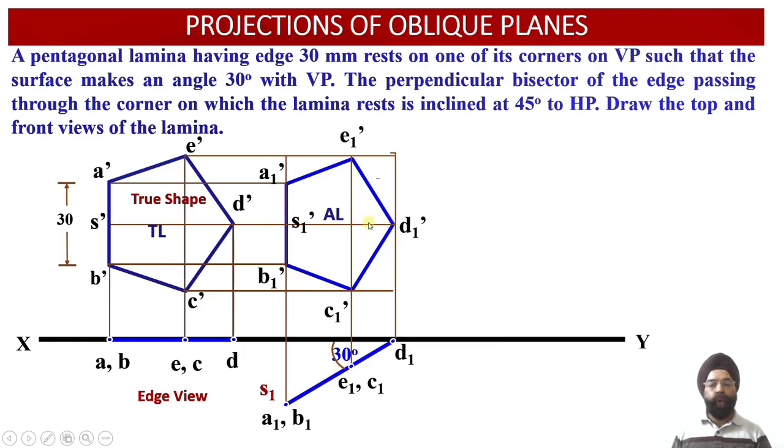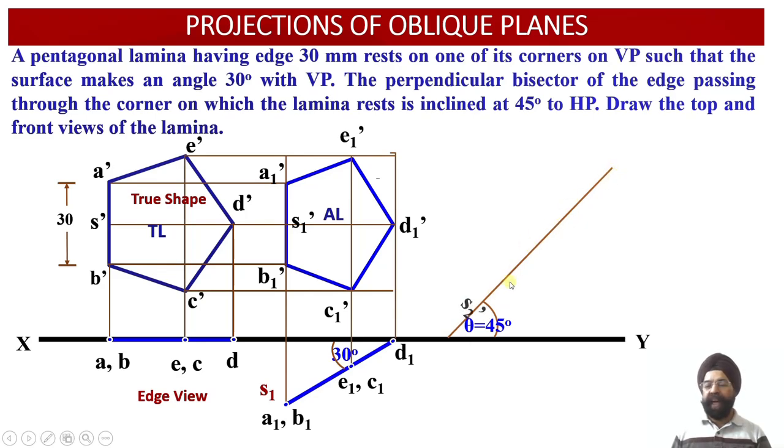So now the true length, that is D1 S1 or D dash S dash, is inclined at an angle of 45 degrees with respect to the horizontal plane. So this angle will be called theta. So theta is the angle of inclination of the true length with respect to the horizontal plane.